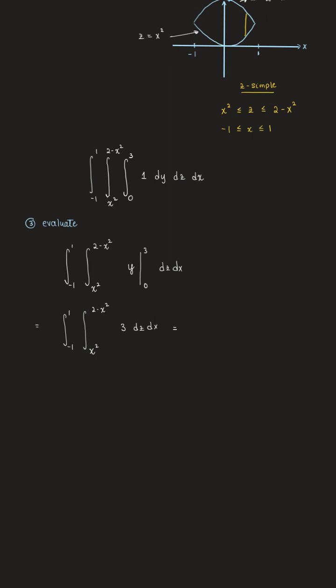Okay, now we're going to integrate our middle integral with respect to z. And since 3 is just a constant, I'm going to keep writing my outer integral from -1 to 1, and here what corresponds to the middle integral will be 3z, and that is integrated from x squared to 2 minus x squared.